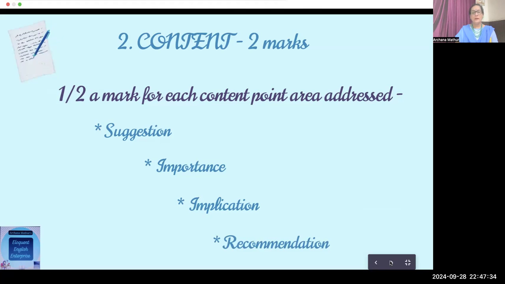The fourth and the last one is recommendation. Now this section summarizes your suggestion and reiterates its importance. It emphasizes the suggestions which you have given. You can also offer additional recommendations or propose the next few steps which you think are going to be beneficial in that particular context.